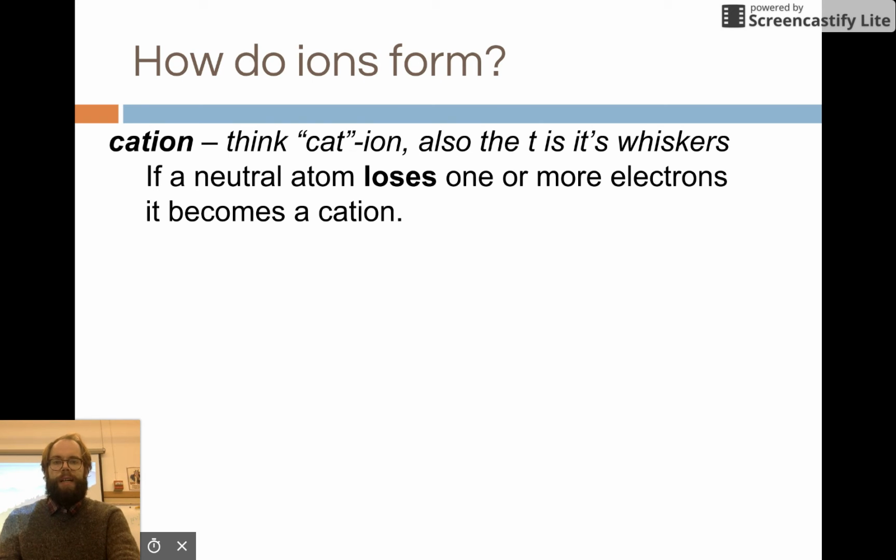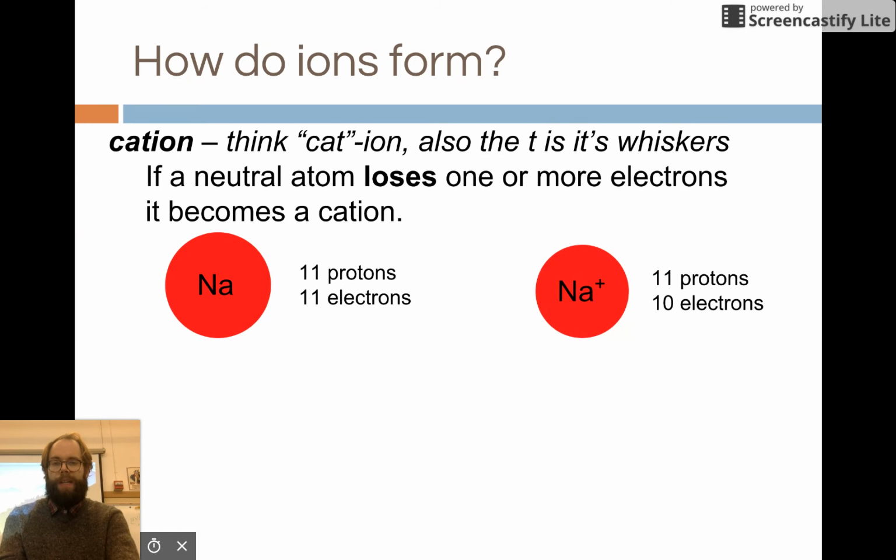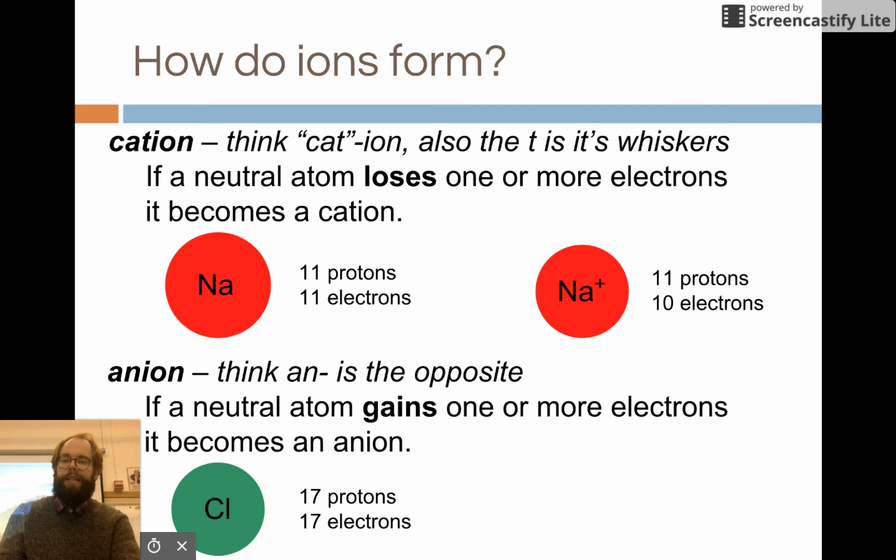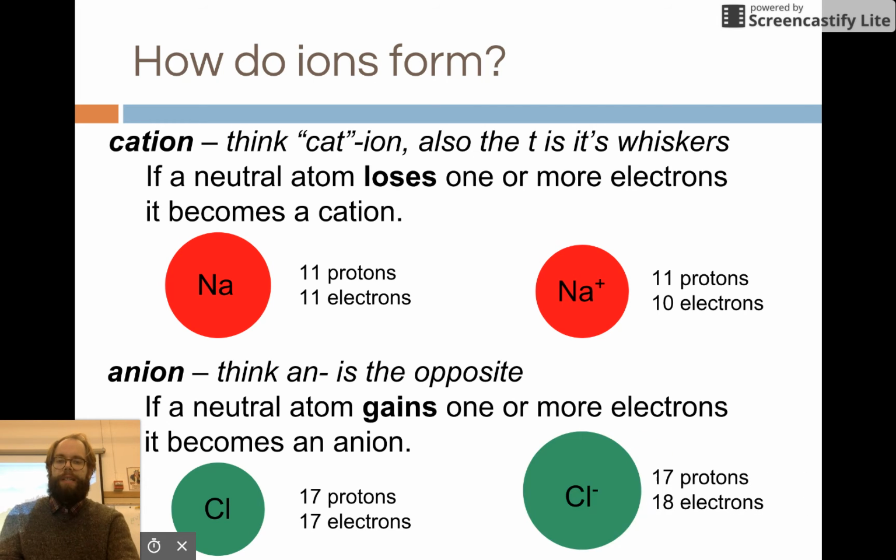If a neutral atom loses an electron, it becomes a cation. So for example, if I had sodium and sodium loses an electron, it becomes a positive ion or a cation. The opposite, an means opposite. Anion is when a neutral atom gains an electron, so it becomes negatively charged.